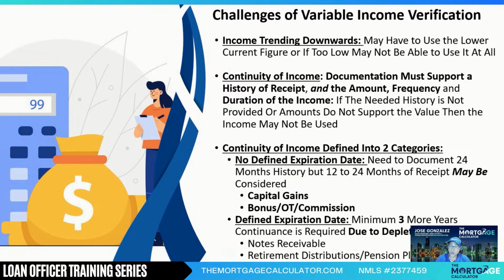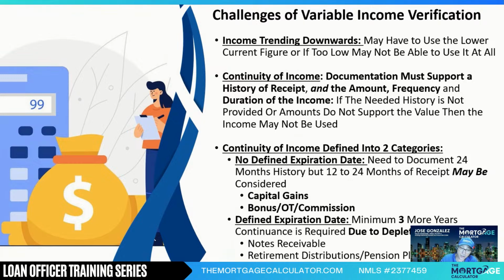And again, the category we're talking about here of variable income without a defined expiration date would be capital gains. You make capital gains on the sale of an asset. Sold real estate, sold stocks, sold bonds, that's all going to give you capital gains.